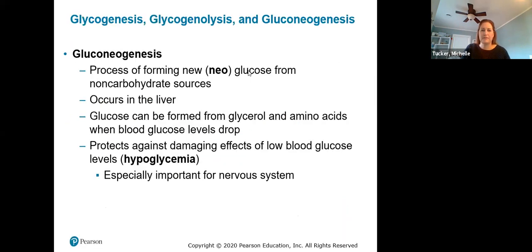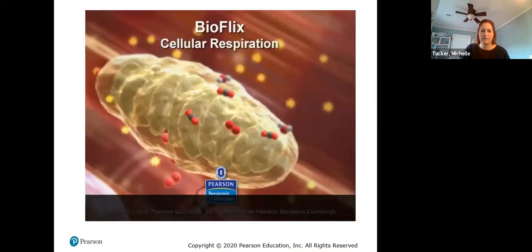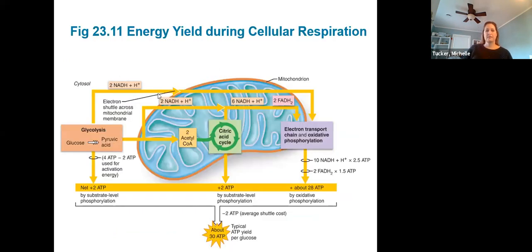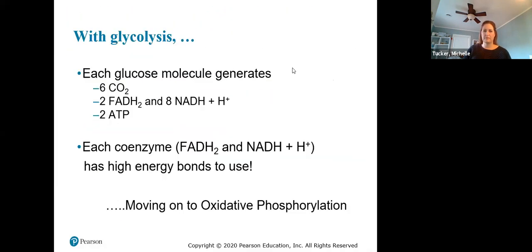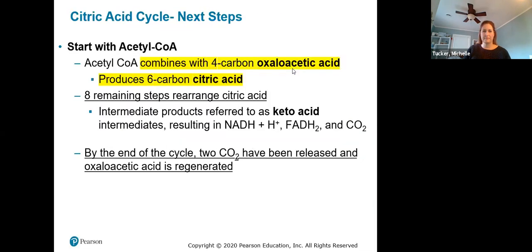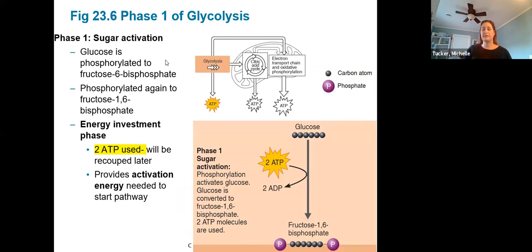Now we're going to go back. There are two slides that I'm going to go back to, to jog your memory. So it's this one. This is glucose. We bring it into the cell and make it glucose 6-phosphate. Then we phosphorylate it twice to become fructose 1,6-bisphosphate, and that uses up 2 ATP.